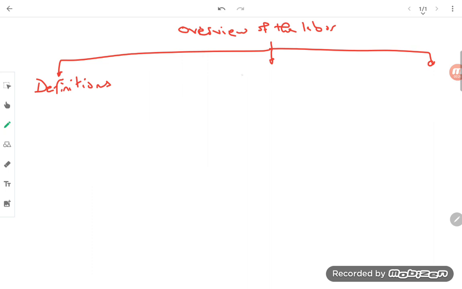Number two, how does the labor market work? And finally, number four, some applications to the labor market.